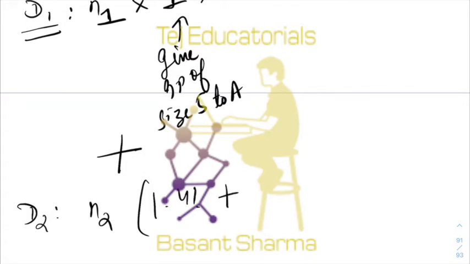Then second possibility is you give the group of size 2.